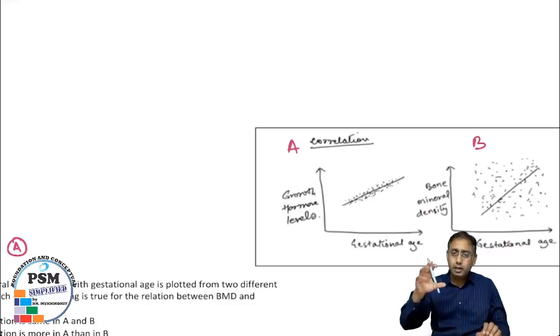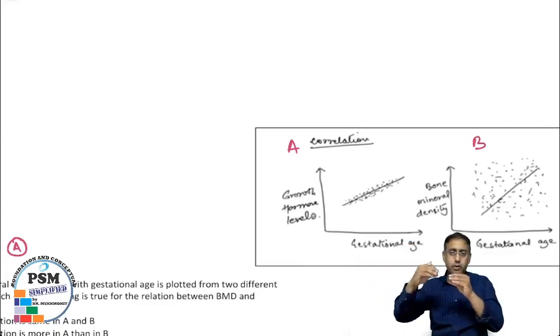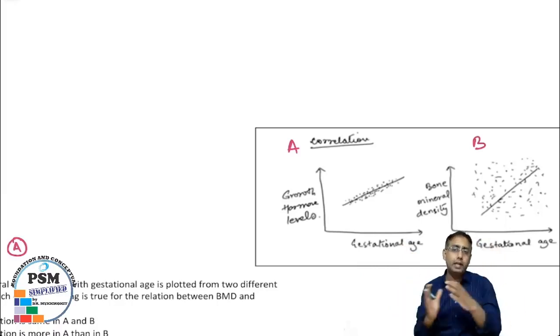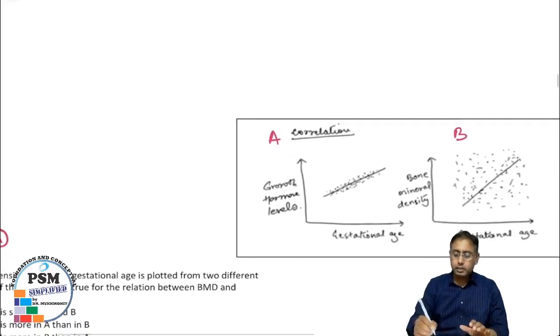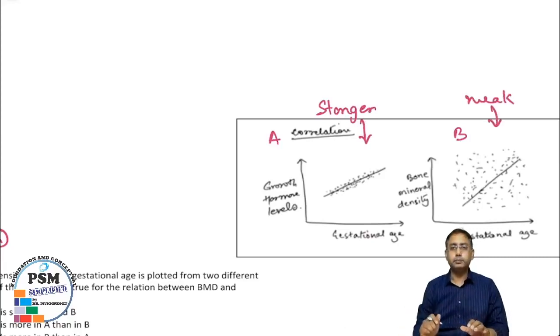It is a very low correlation. The strength of correlation is very low. Whereas in this curve, you see the values are very near to it and the variation is very less and they are more closely compacted. So we say this is a stronger correlation, whereas this is a weak correlation.